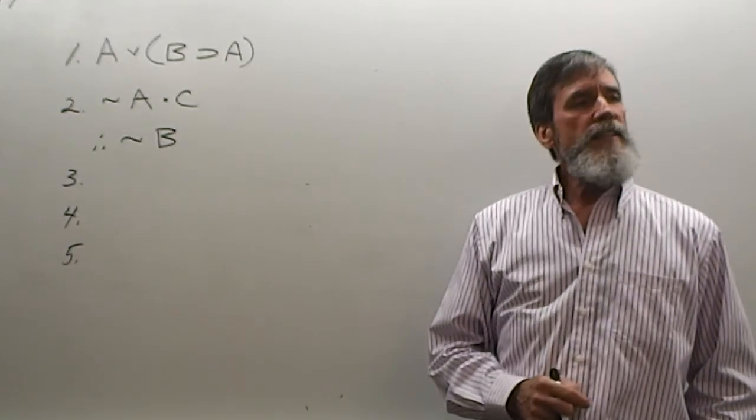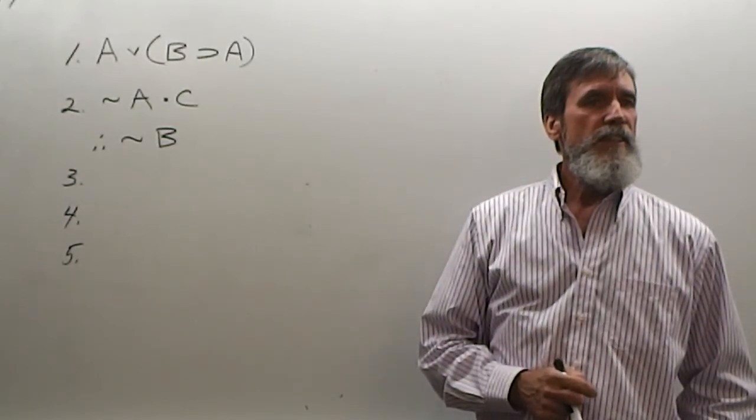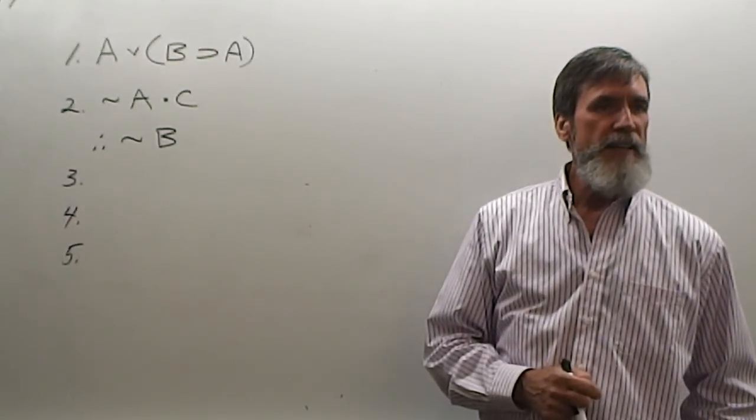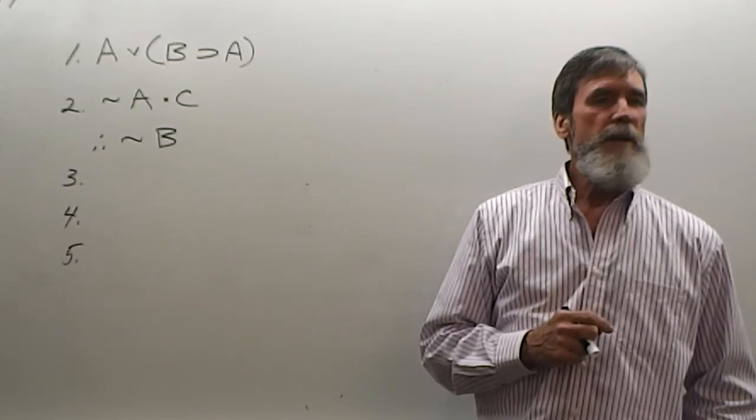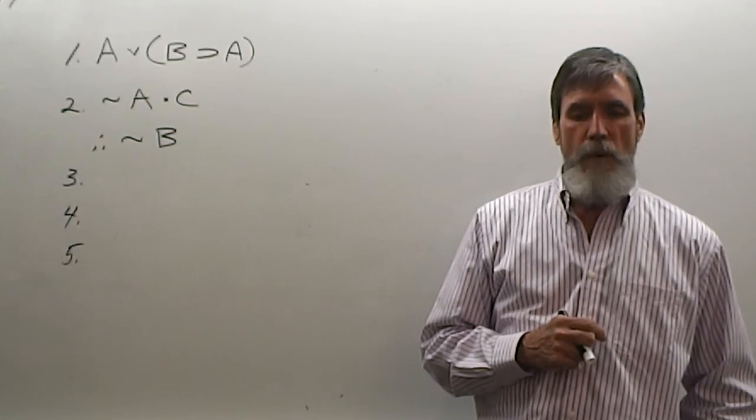Your conclusion is a negation, a curl that does not exist in the premises. So you all should know what the last step of the proof has to be right now, because there's only one way to create a curl. Modus tollens.